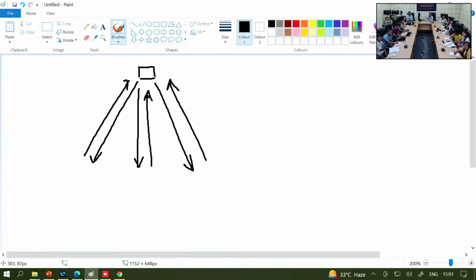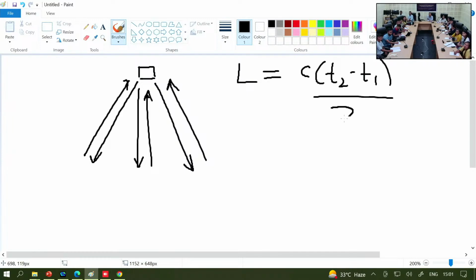So what did we see earlier? We saw that we are calculating the distance by c into (t2 minus t1) divided by 2. The radar is only measuring t2 and t1. c is known to us, 2 is a constant. So then what happens? t2 and t1 can be the same in this direction and this direction.